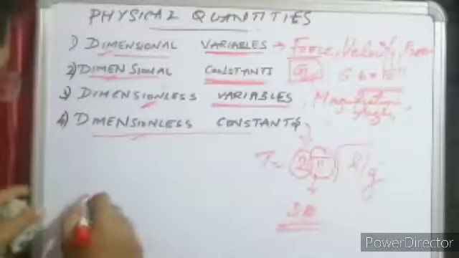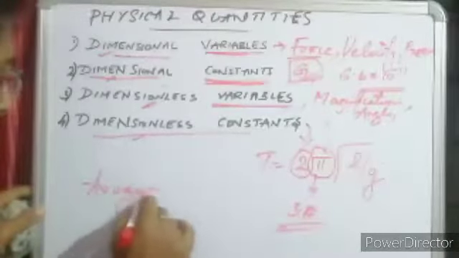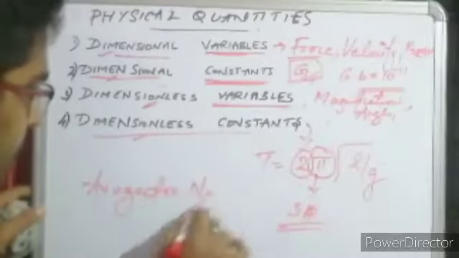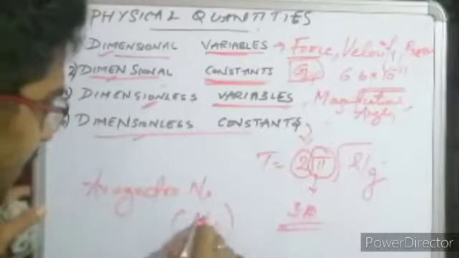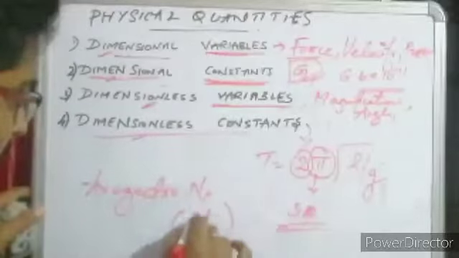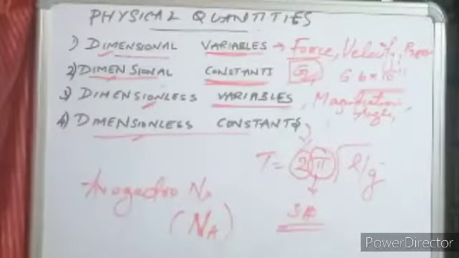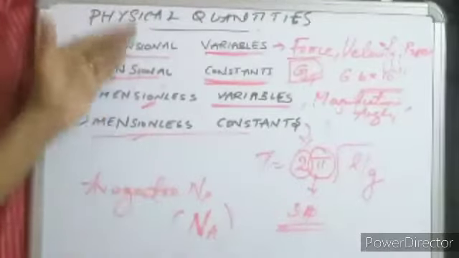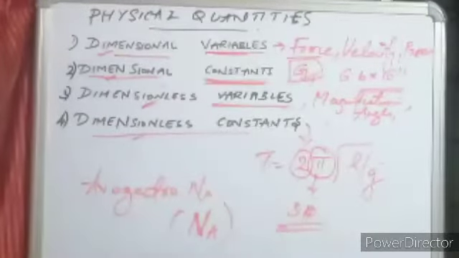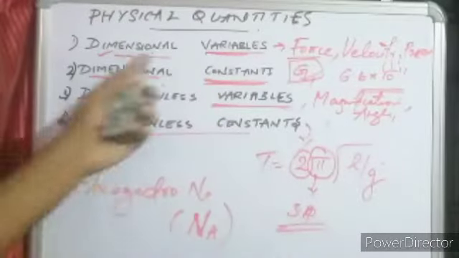Again, if I ask you, you might have heard about Avogadro number, right? Represented as NA. So under which category can you classify this Avogadro number? Can you put it under a dimensional variable?